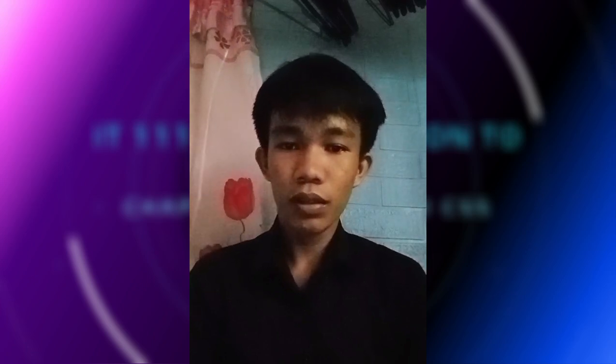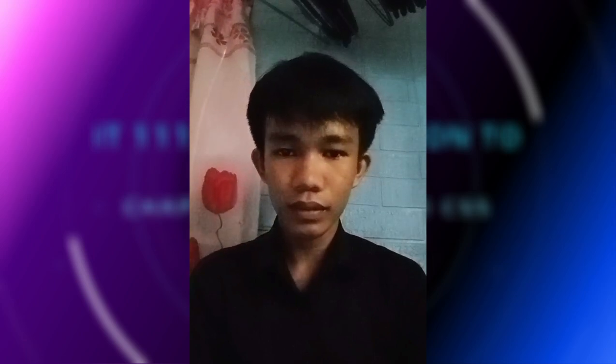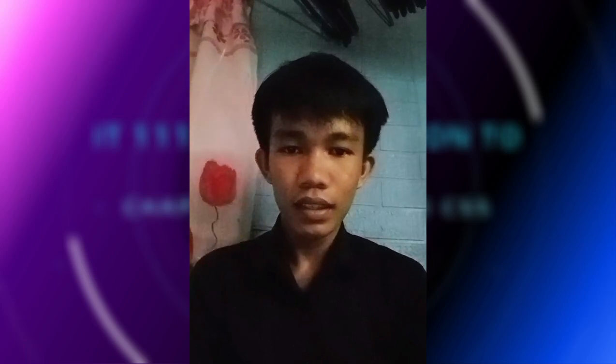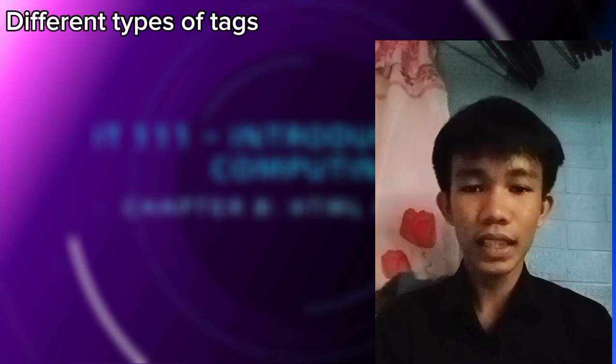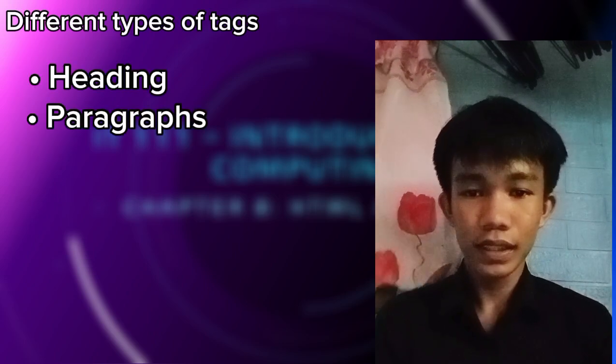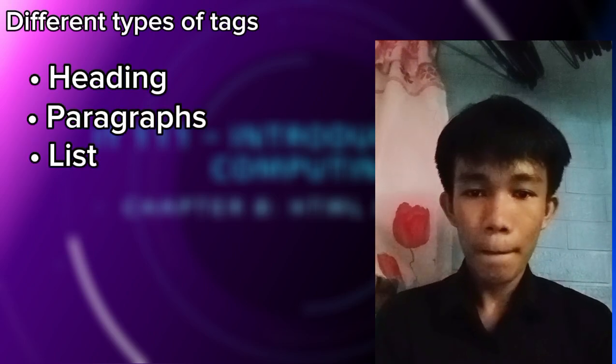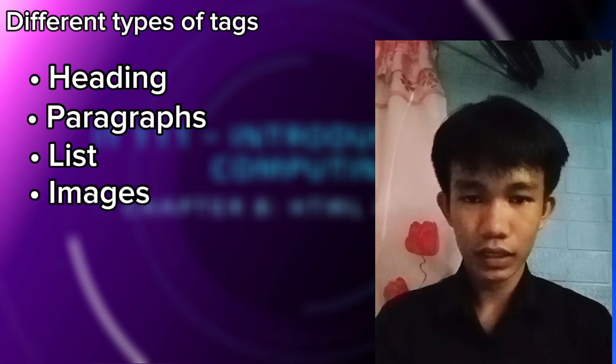They are words or phrases that surround specific content, indicating to the browser how the content should be displayed. There are many different types of tags, including headings, paragraphs, lists, and images. Each tag is represented by a pair of angle brackets and tells the browser how the content should be displayed.